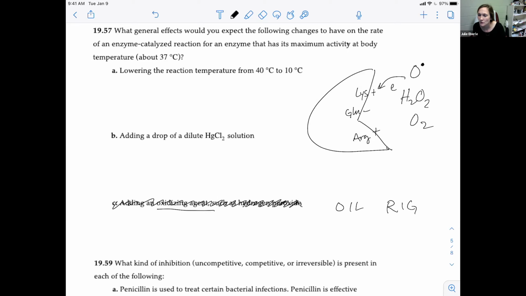It would make it neutral, or it would make it a -2 instead of a -1. So what oxidizing agents can do is interact with residues in the active site and change their charges if there are charged residues, or they could create other free radicals. And we just don't want things messing with our active site. But I didn't specifically get into that, so y'all just don't worry about it.